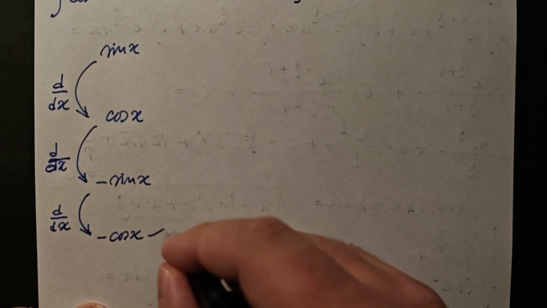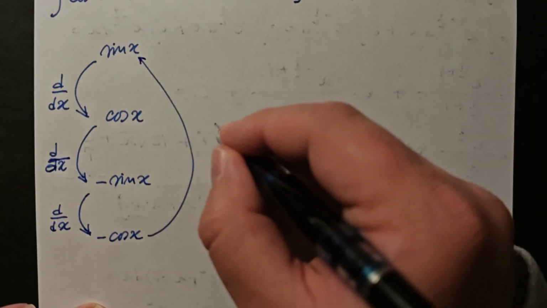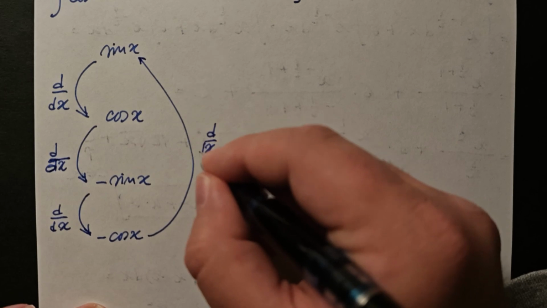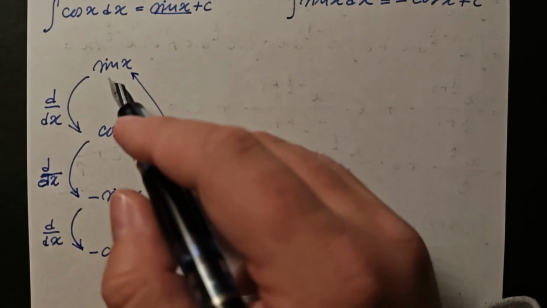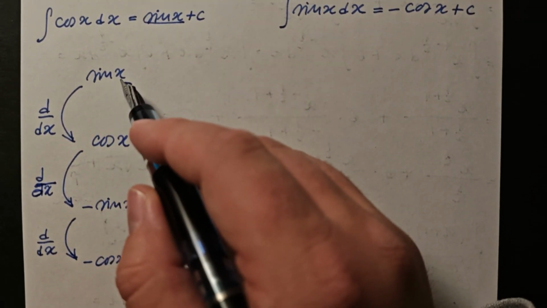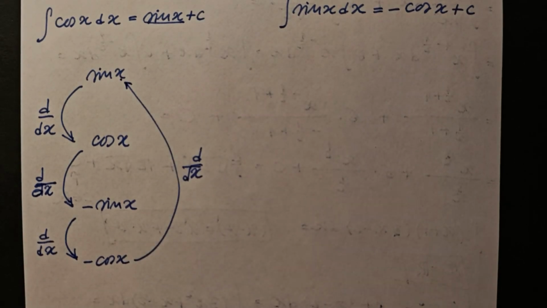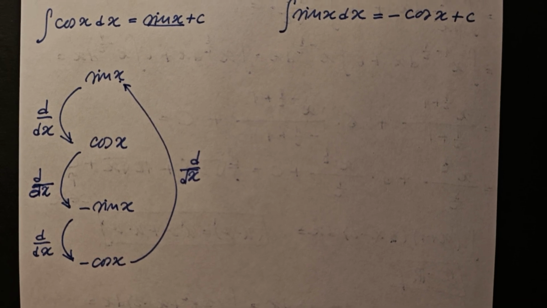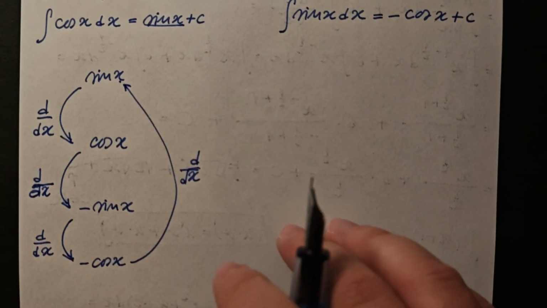And if you attempt to take a derivative one more time, you will start here at sine of x. Remember that integration is the opposite operation of a derivative. The sine and cosine derivatives and antiderivatives are cyclical. As you can see here, they repeat in cycles of 4.